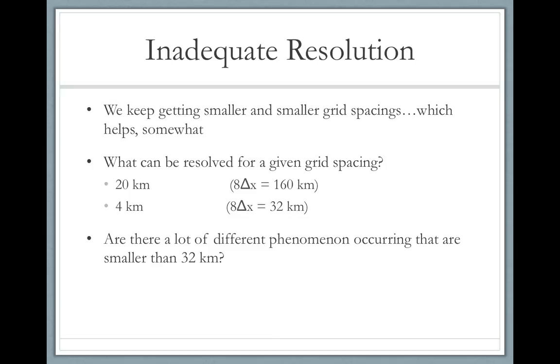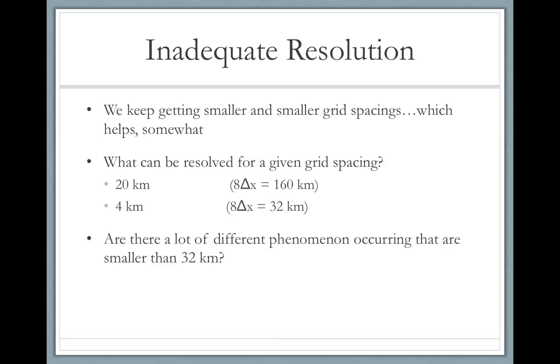And so this idea of inadequate resolution comes to bear here, right? We keep getting smaller and smaller grid spacings, but we can't always resolve things. And so how do we still represent things we can't resolve? In actuality, we have to think not even about what we can resolve, 8 times the grid spacing, but even our 4-kilometer domains.